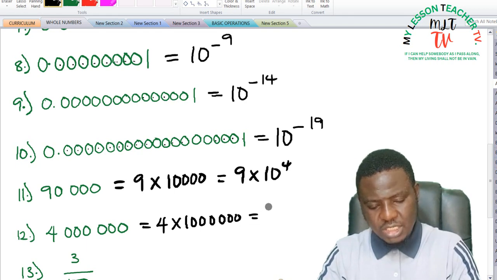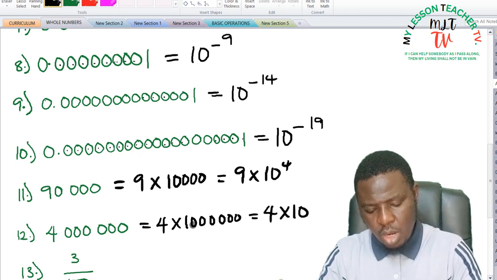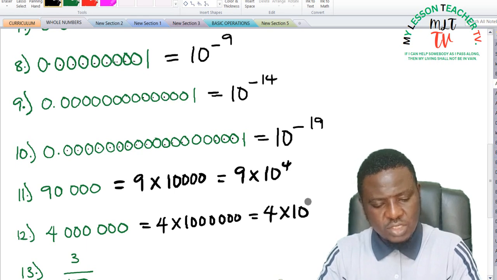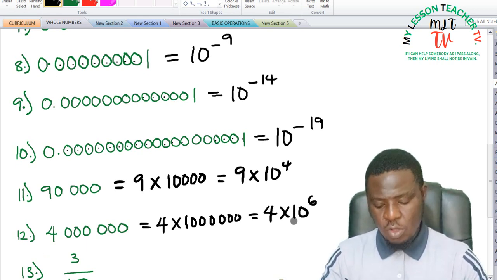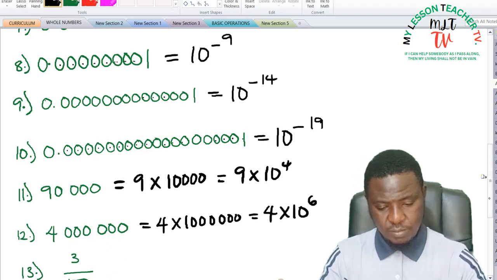And a million is expressed as 10 to the power 1, 2, 3, 4, 5, 6, so that 4 million is expressed as 4 times 10 raised to the power of 6.